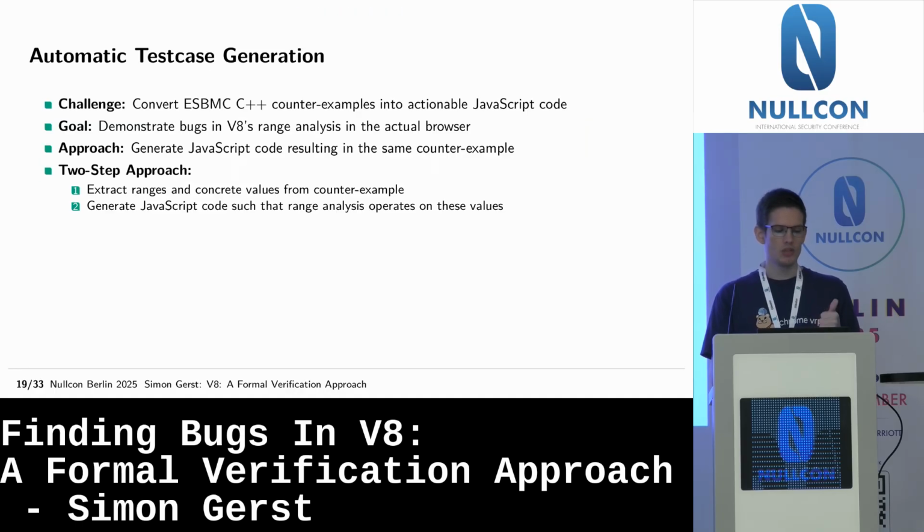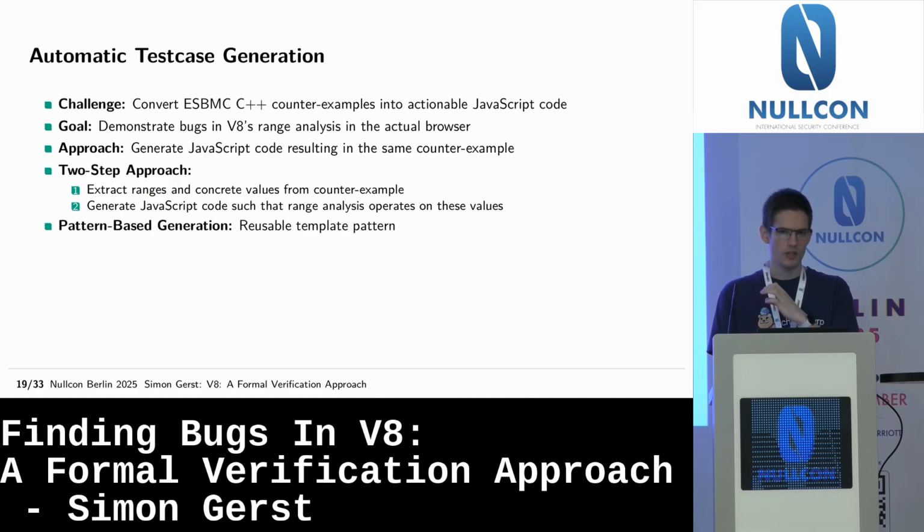This is a two-step approach. First, I have to extract the ranges and the concrete values from my counterexample, and then I generate the JavaScript code such that when it is executed by the JavaScript engine, the range analysis operates on these exact values. I did this in a template pattern way.